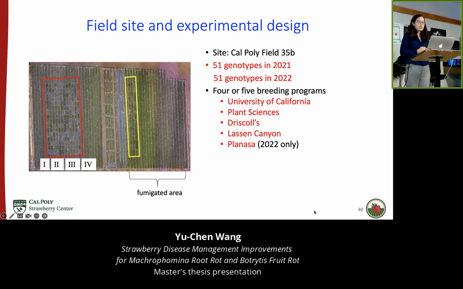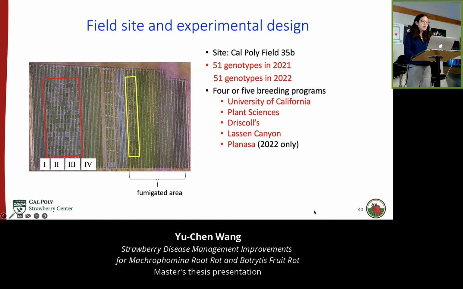First of all, the experimental design. We conducted this in our field 35. We have 51 genotypes in 2021 and another 51 genotypes in 2022. Notice that there might be some different genotypes since we obtain new genotypes from the breeding programs every year. These are the 4 to 5 breeding programs involved in these 2 years.